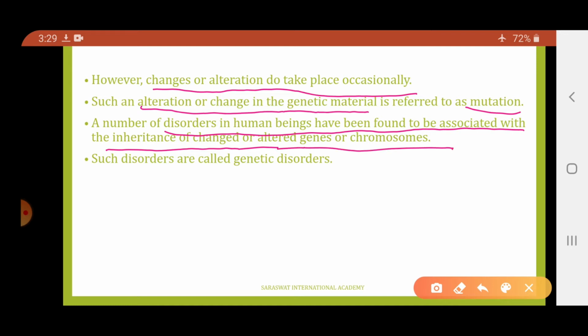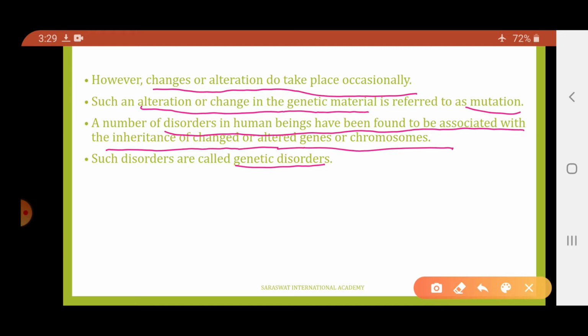So there are many diseases in human beings which occur due to changes in the genes or changes in the chromosomes. And what are such disorders called? Those diseases or disorders which occur due to changes in a gene or a chromosome.